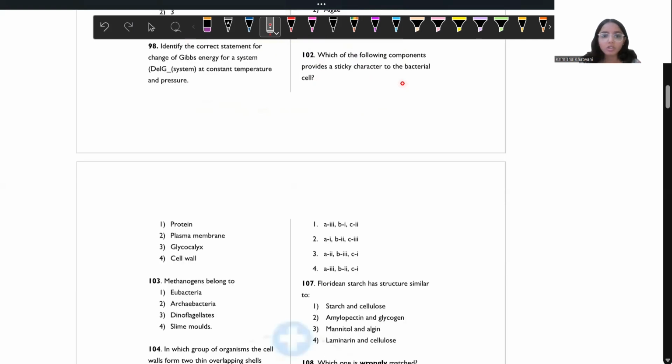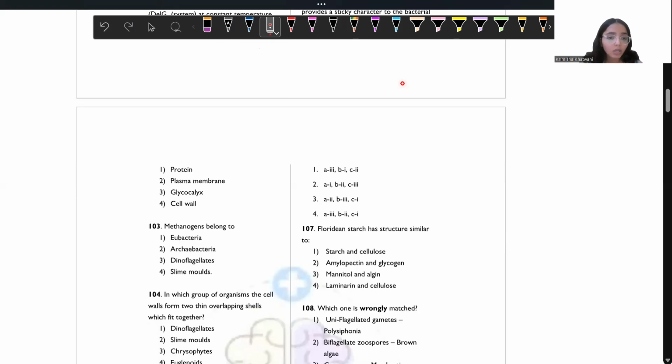Now coming to question number 2. It says, which of the following components provide a sticky character to bacterial cell? The options are protein, plasma membrane, glycocalyx, and cell wall. The answer is glycocalyx. Glycocalyx is the outermost layer of a bacterial cell. It is made up of polysaccharides which are non-cellulosic.